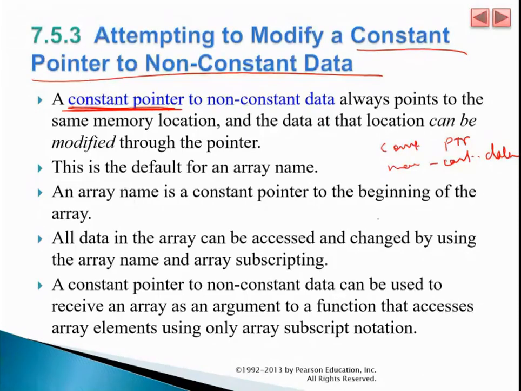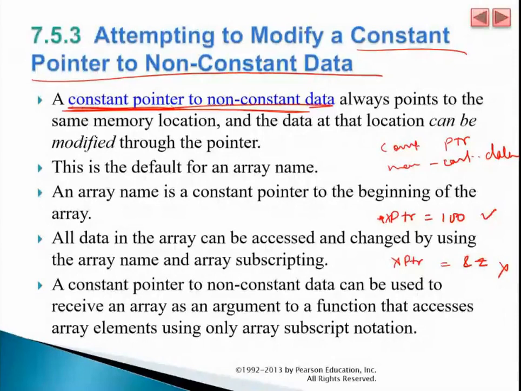So in our previous example, if we see *xPtr equals 100, yes, now this is allowed. Okay, but if you want that xPtr will now point to some other variable, this is not allowed. Okay, and this is the default setting when we pass an array name as the function argument, right?